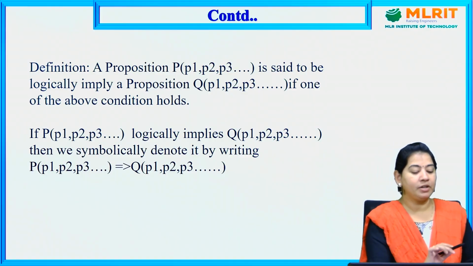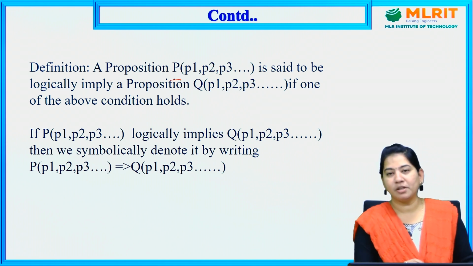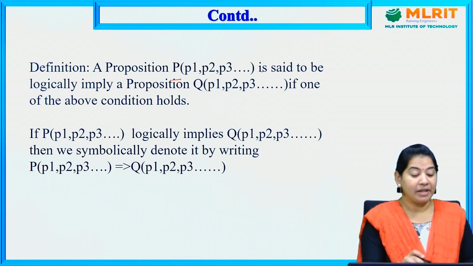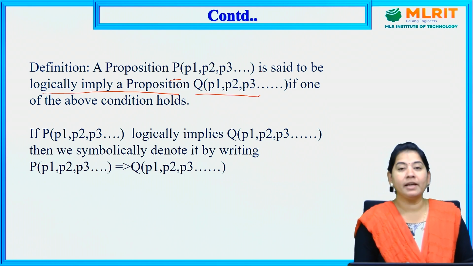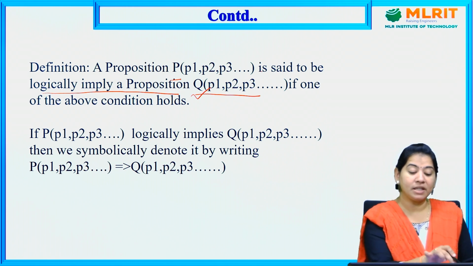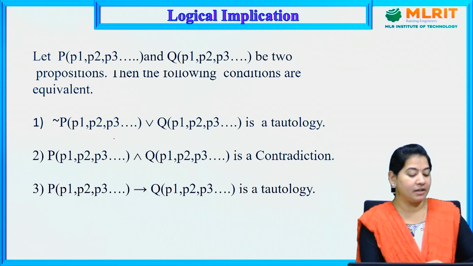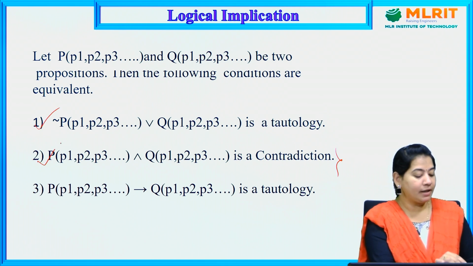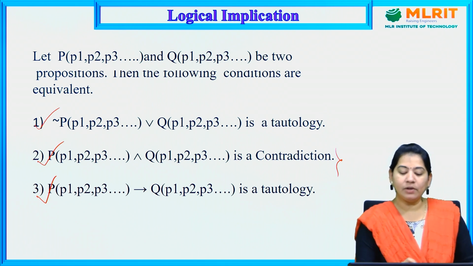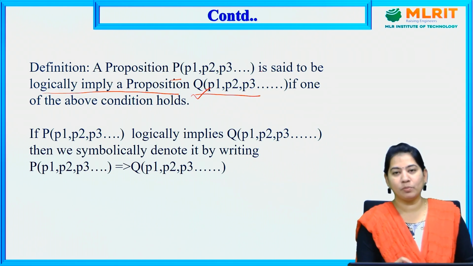The definition of logical implication is: a proposition P(P1, P2, P3, and so on) logically implies a proposition Q(P1, P2, P3, and so on) if one of the conditions holds. What does one of the conditions mean here? We have seen three conditions: negation P or Q, P and Q, and P implies Q. If any one of the conditions holds, then we can say that the proposition P logically implies the proposition Q.